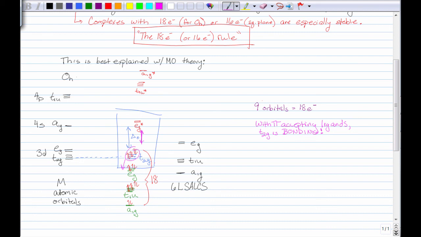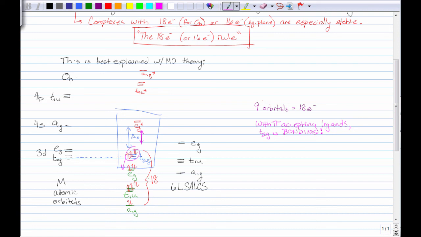A lot of the time in organometallic complexes we're dealing with strong field ligands, and a lot of the time they're pi accepting ligands, so the t2g becomes bonding, and that's even better. Then you're filling up 18 electrons in all of the bonding orbitals. And anything more than that, you're going to antibonding orbitals and you're lowering the ligand field stabilization energy.